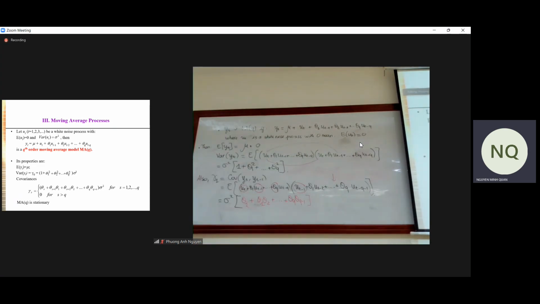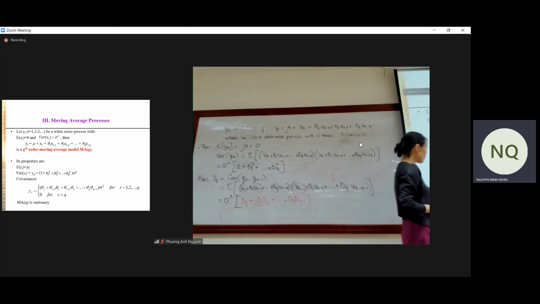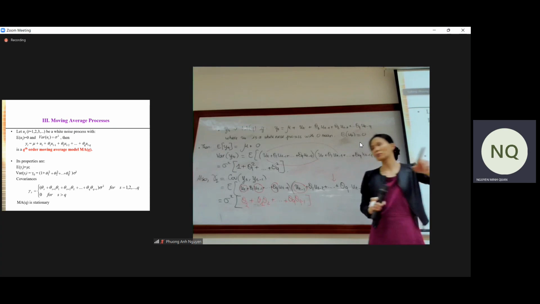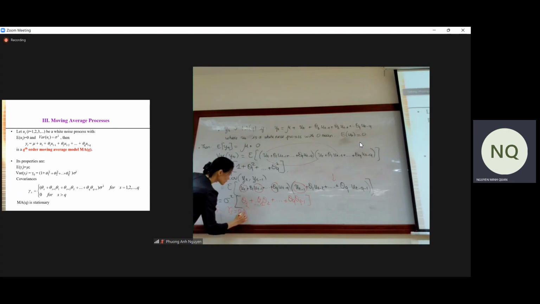And I can continue in the case when s equal to 2, equal to 3, and so on. Finally, we get 0 for s greater than q. And gamma 2, gamma 3, and gamma s equal to 0 for s greater than q.